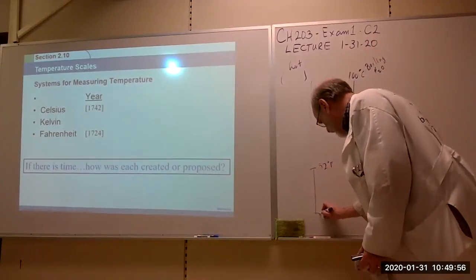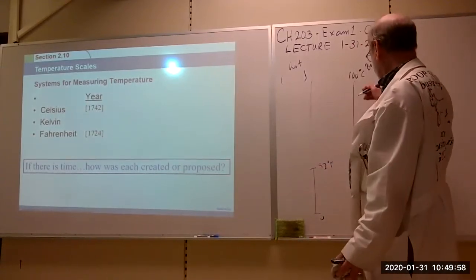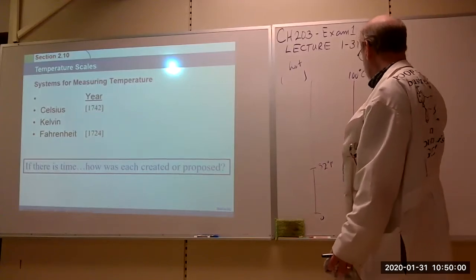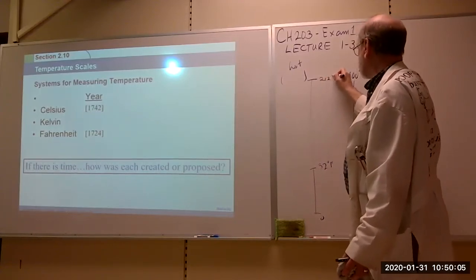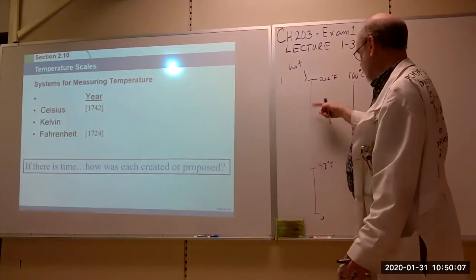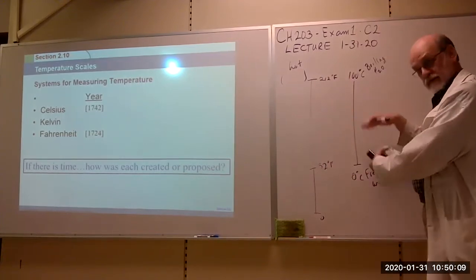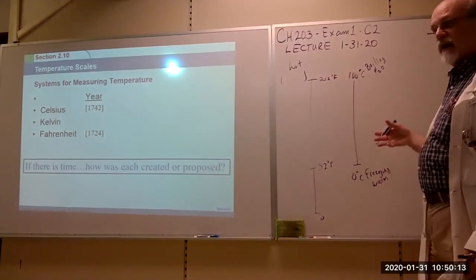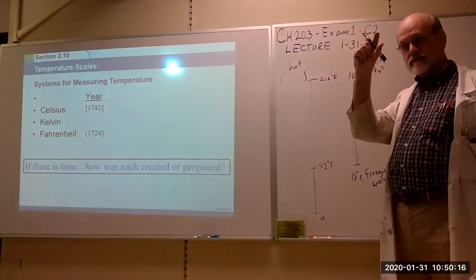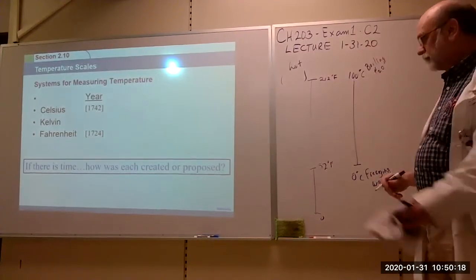And 0 is way down here. And 100, actually boiling, is 212. Right? So 100 is in here somewhere. Now, if they're scaled properly, the only difference between the two now is the size of that unit. How big is that division?